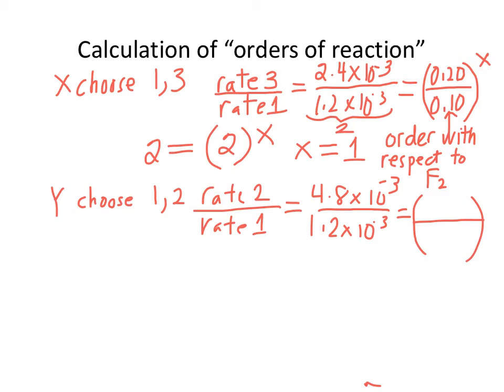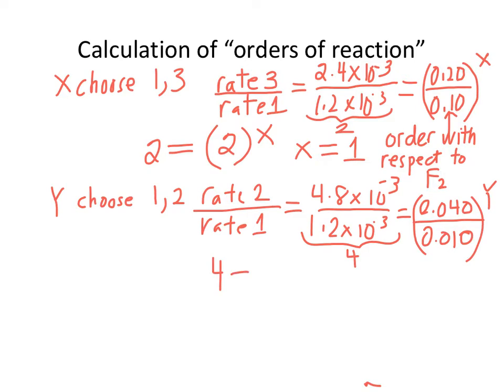So rate 2 again. The concentration then is 0.040 over 0.010 to the Y. So if you go ahead now, this is 4.